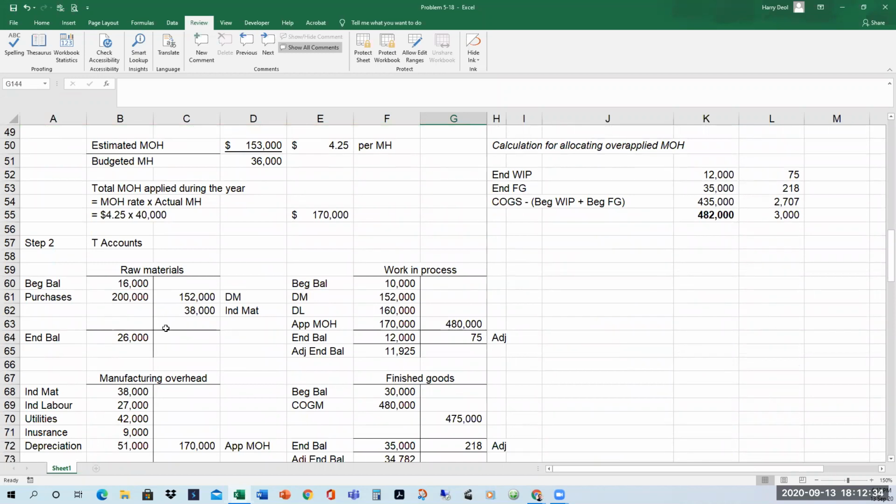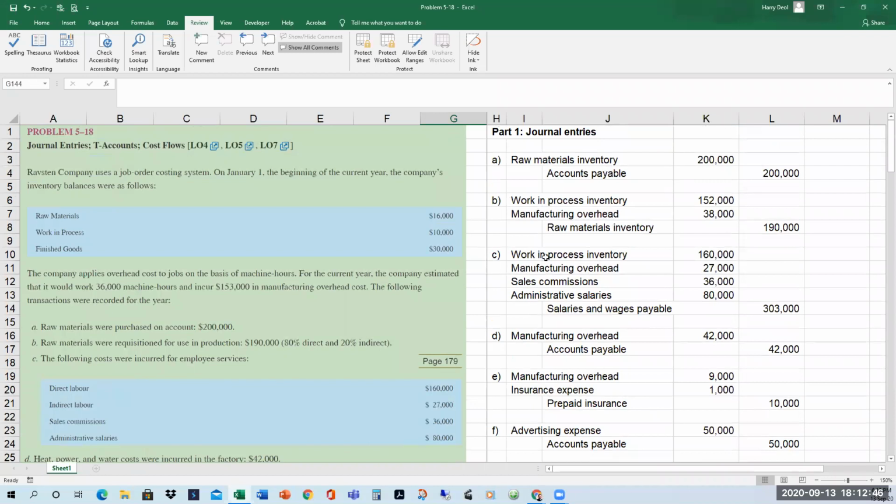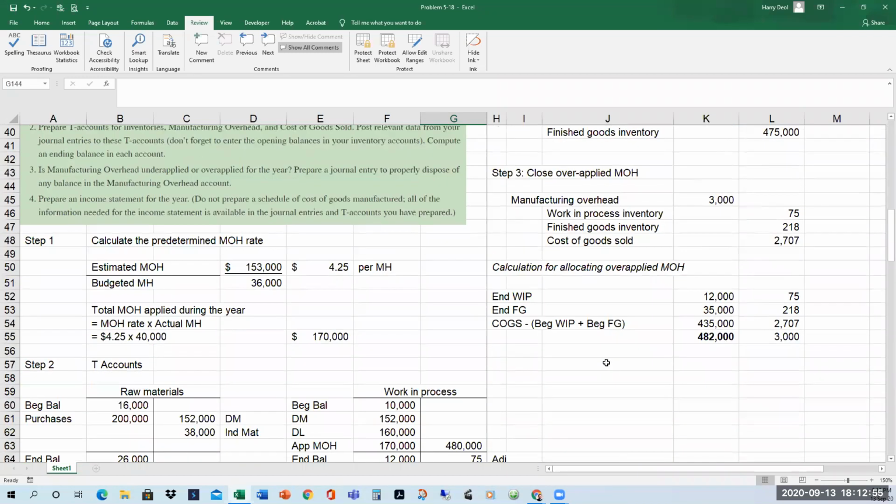So think of them as almost like you will be saying them to yourself and posting them, or if it works better for you this way, you'll record the journal entries, but really there will be no marks for the journal entries. The marks will actually be for posting to the T accounts.